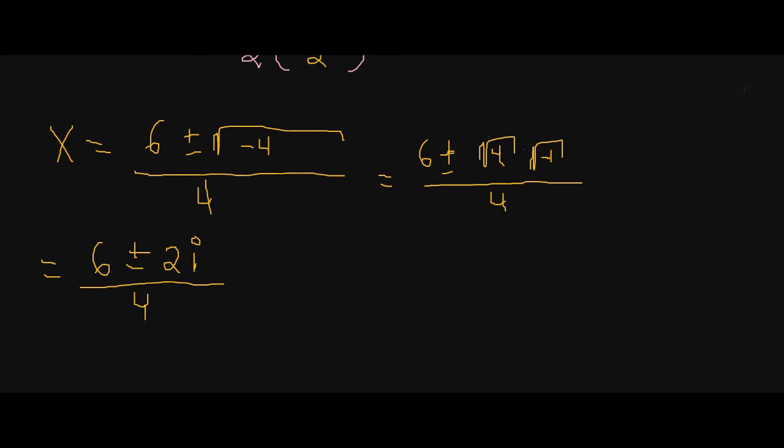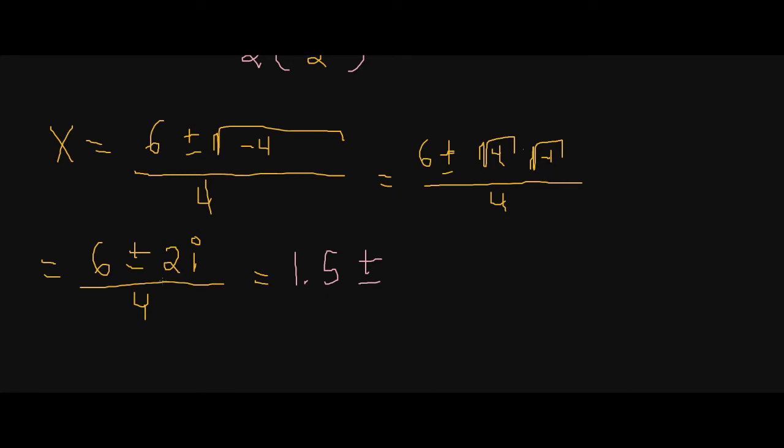Okay, whew. Now we just need to simplify this further. What's 6 divided by 4? Well, 6 divided by 4 is 1.5. Then we're going to get plus or minus, and we can't forget this part: when we divide the 4 with the 6, we still have to divide the 2 and the 4.